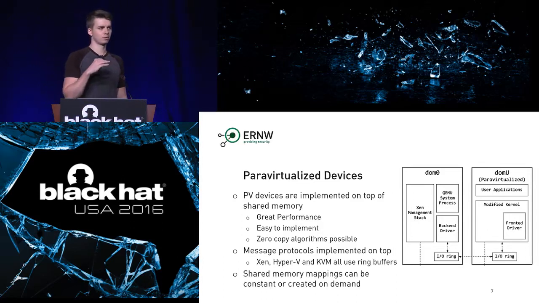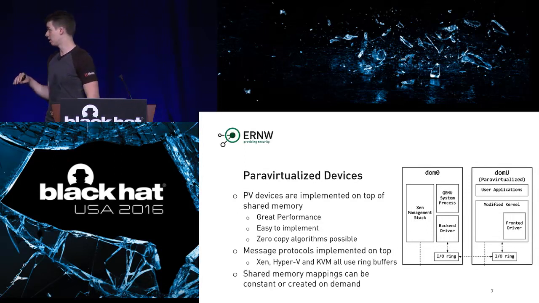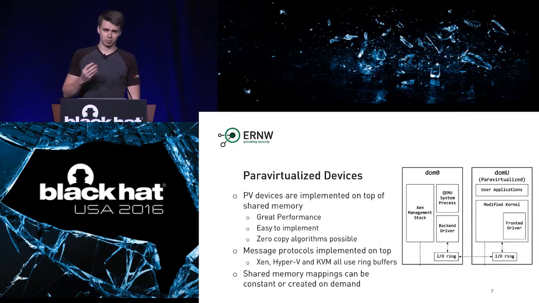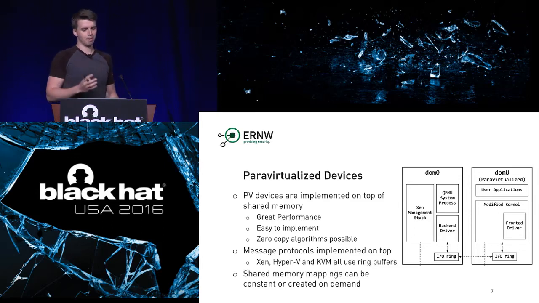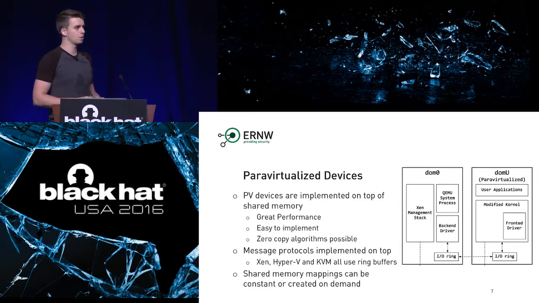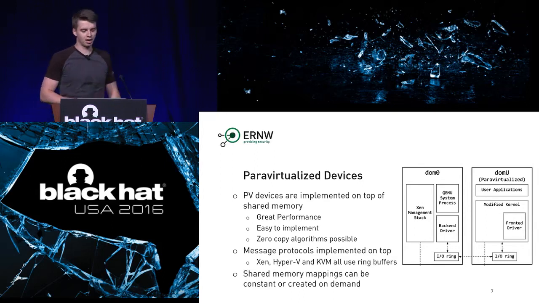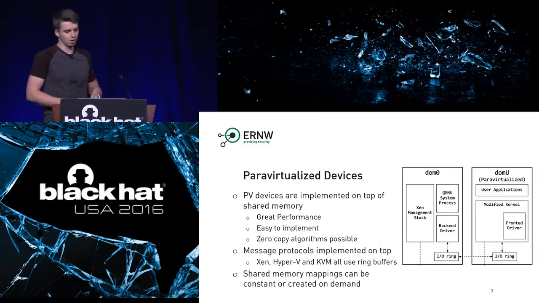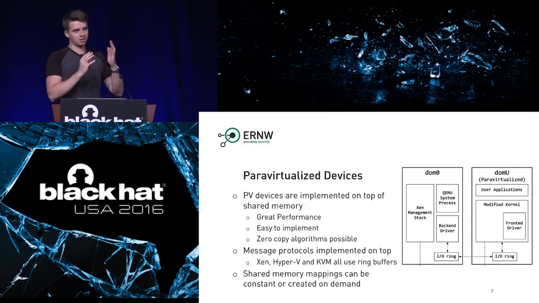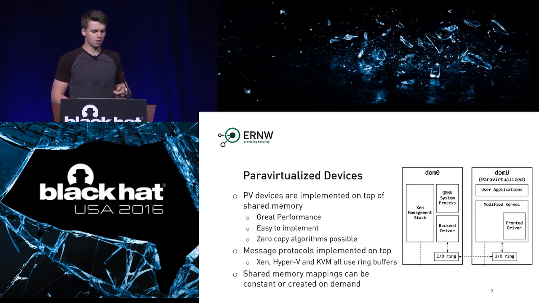Of course, simply working with shared memory addresses wouldn't be very comfortable for a developer, so message protocols are implemented on top. For Xen, Hyper-V, and KVM, these are basically just standard ring buffers. You start filling at the beginning, and then you go around, with dedicated message slots.